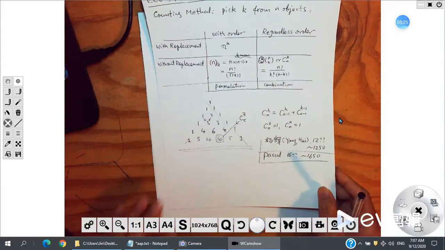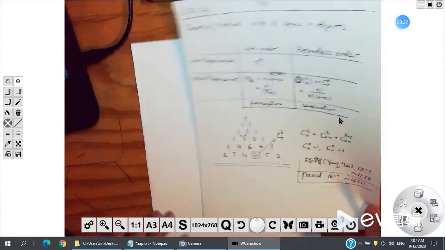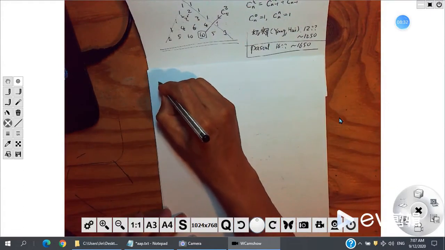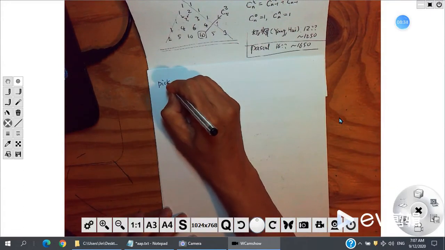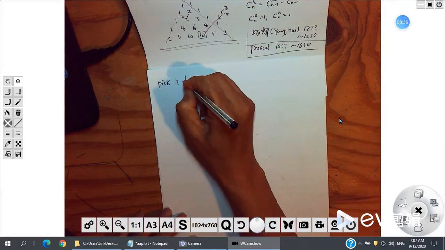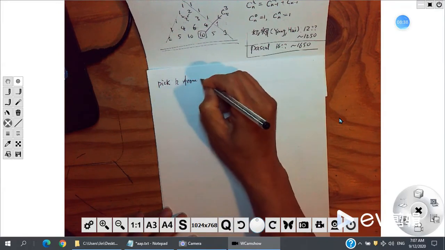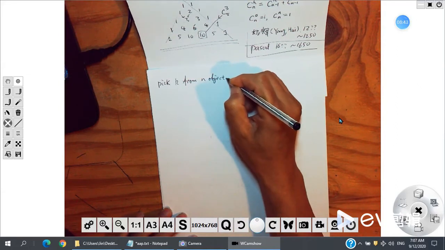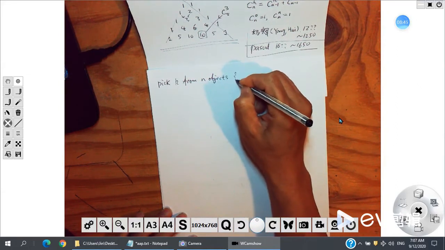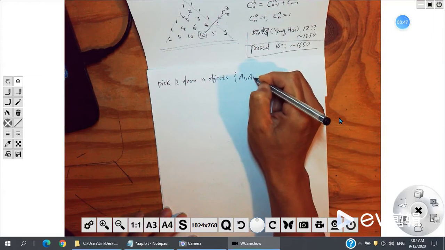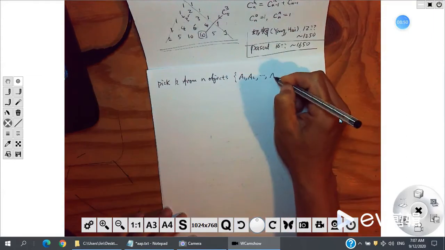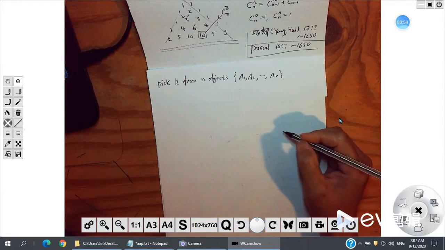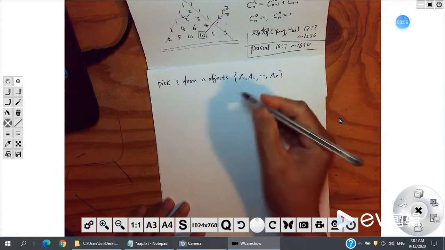Now we consider a more complex case. We pick k from n objects. We say they are A1, A2, up to An, and we specify the amount of each of these.